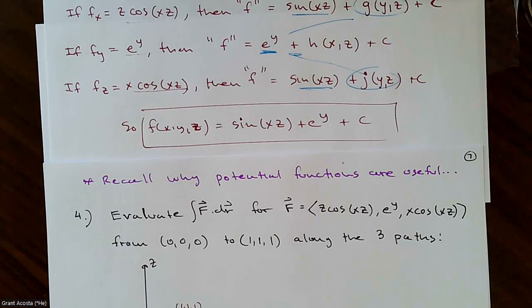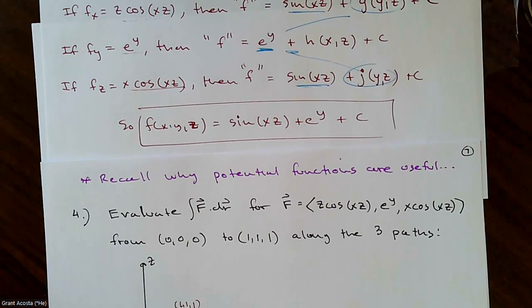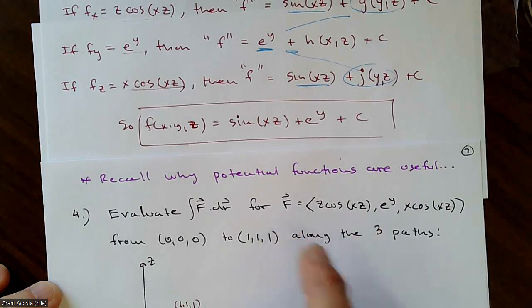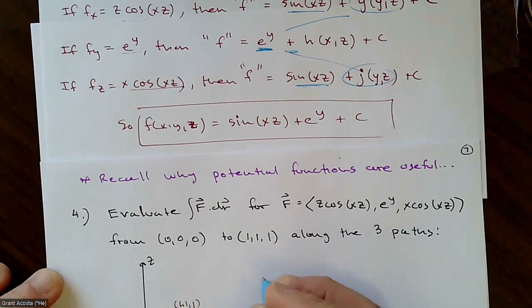But even better than that, I don't even have to really do a line integral, because according to the fundamental theorem of line integrals, I can just evaluate my potential function at the endpoints.